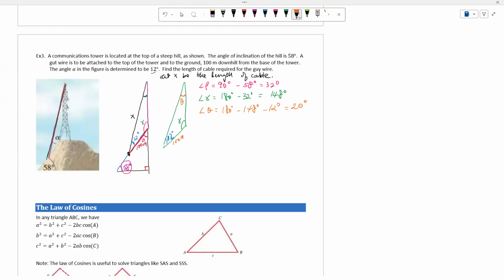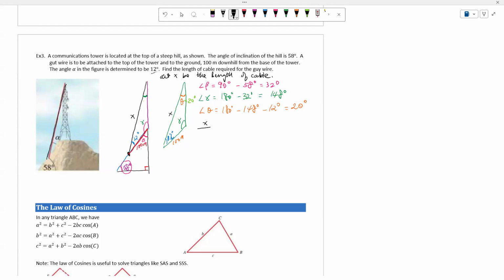Then now let's see how we actually work out the problem. So now we could use this angle theta, 20 degrees, and this 100 to help me set up the law of sines.